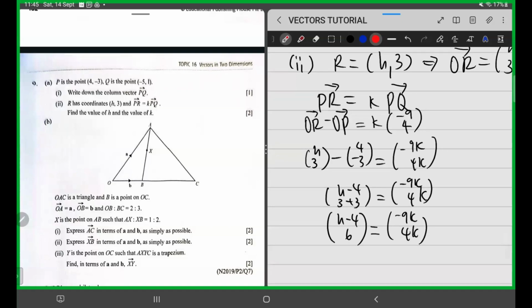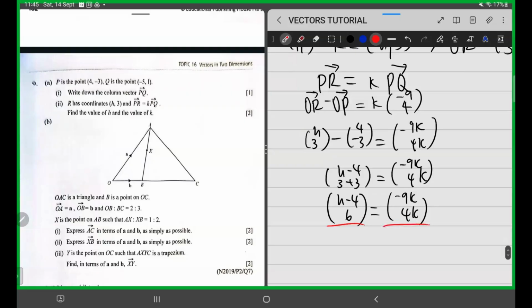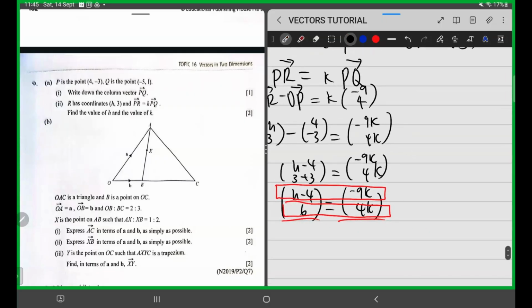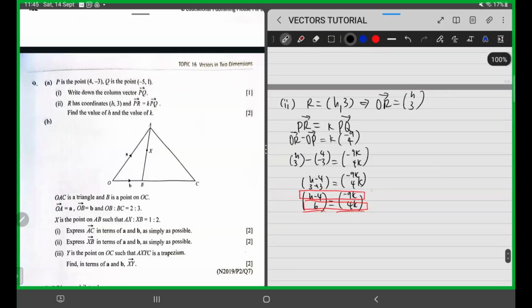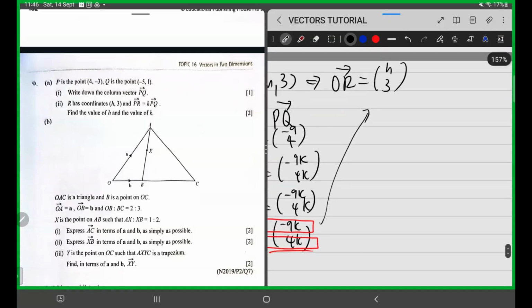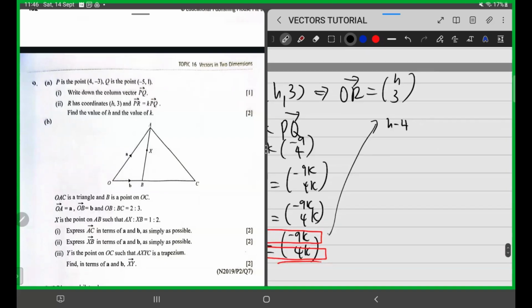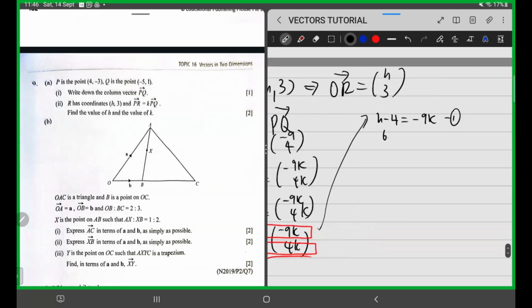By equality of vectors, if one vector equals another vector, you can associate the x values of the vectors together and the y values together. So you have two equations now, of which you can do simultaneous equations. Therefore, h minus 4 equals -9k. This is 1. And then for 2, you get 6 equals 4k.